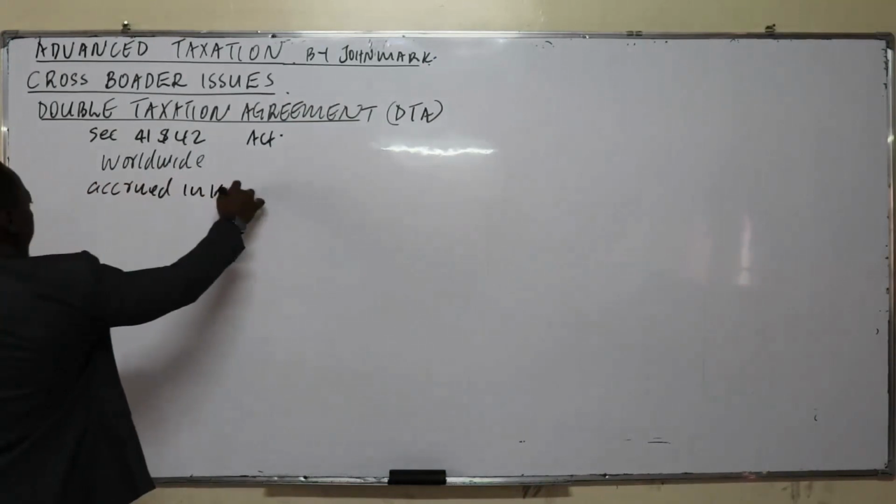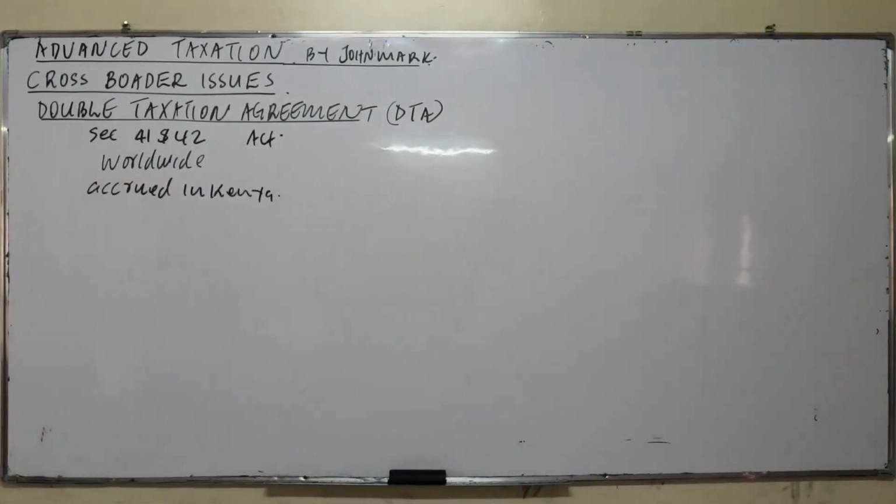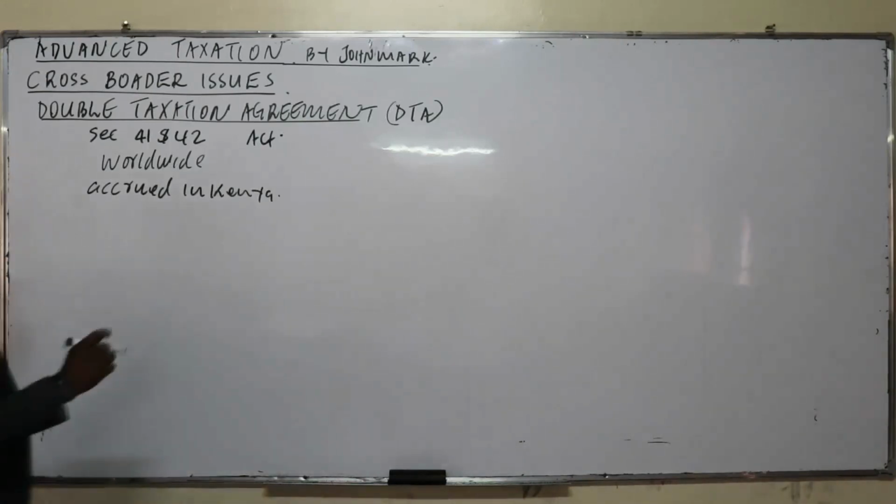What does that mean? It's saying that a Kenyan resident will be taxed on worldwide employment income. What about a non-resident? If you're not a Kenyan, only the income which accrued in Kenya. Now, the implication of the double tax agreement, this is what happens.